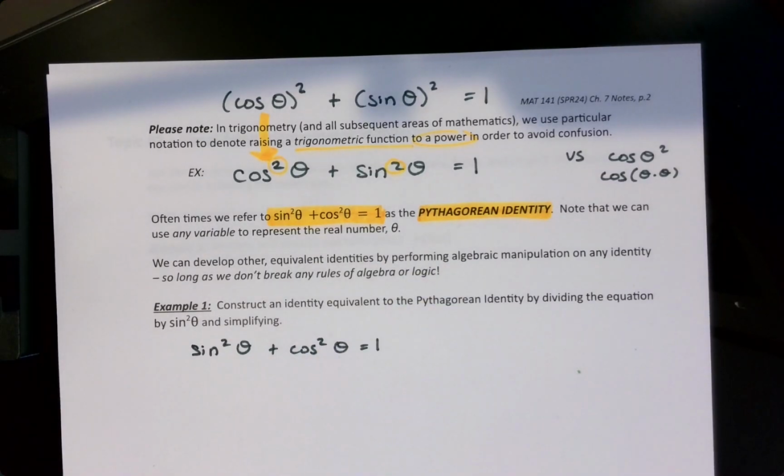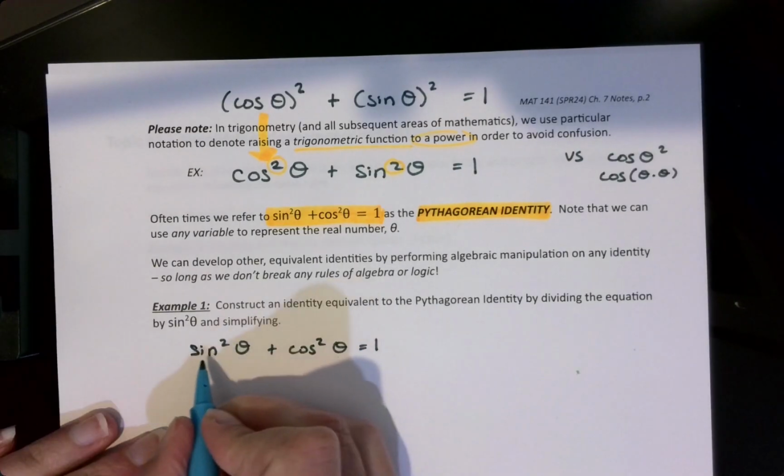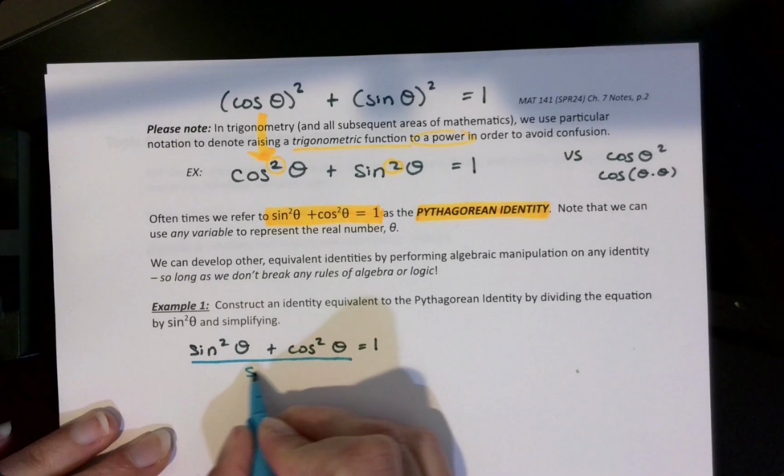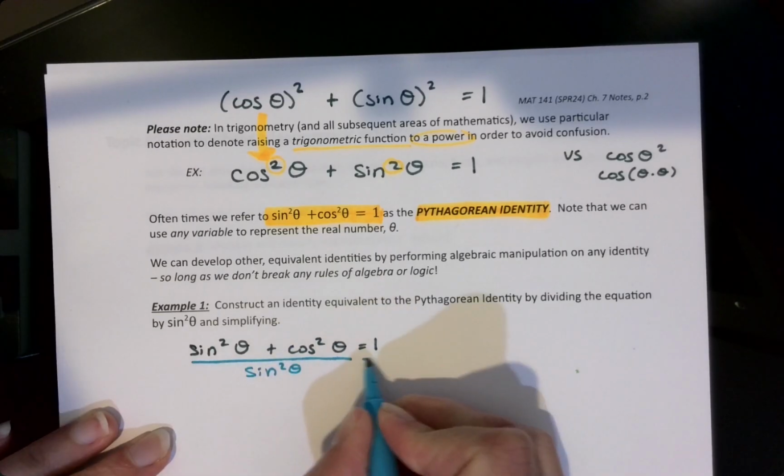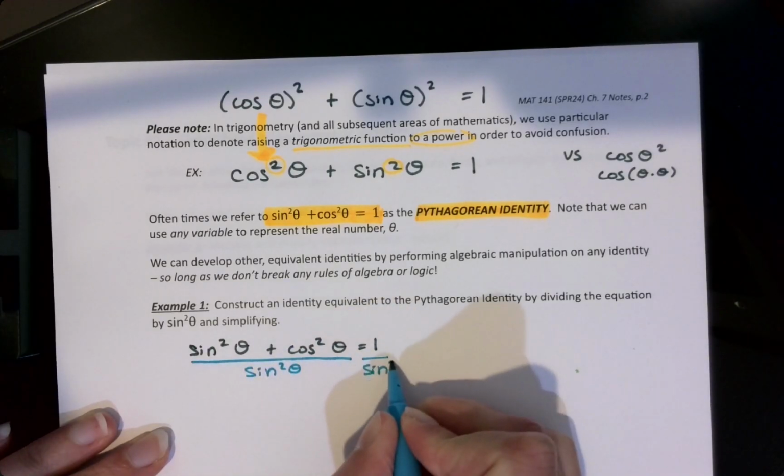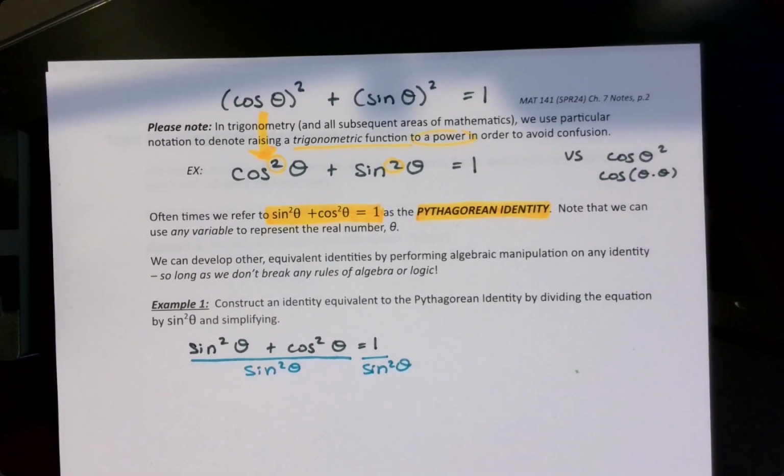And we're going to simplify. When the sine squared distributes, sine squared divided by sine squared is 1, plus this right here is going to be cosine squared theta divided by sine squared theta. And then here I have 1 over sine squared theta.